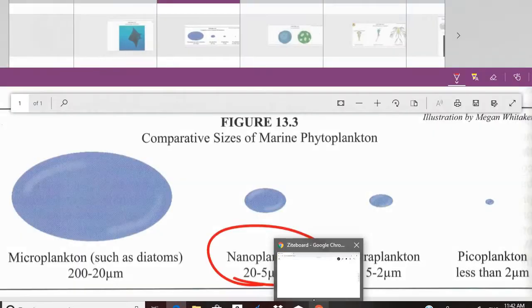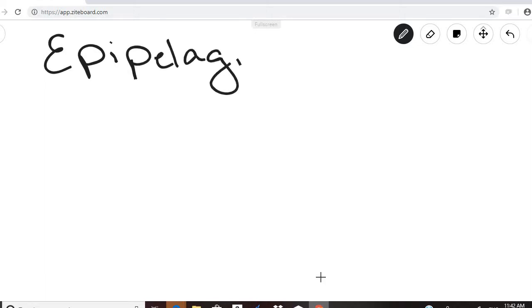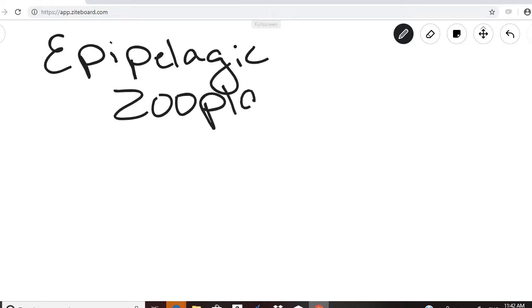Okay, so let's go ahead and go back now, and we want to switch gears a little bit, and we're going to talk about the epipelagic zooplankton. Okay, so their primary food source would be phytoplankton.